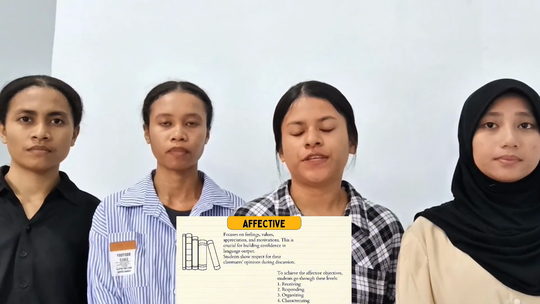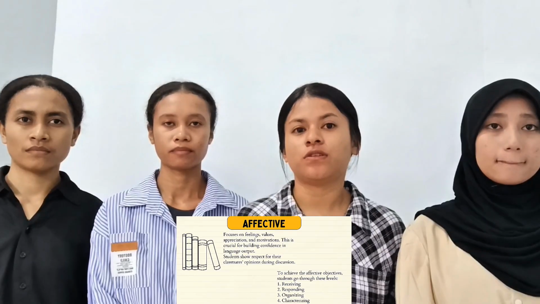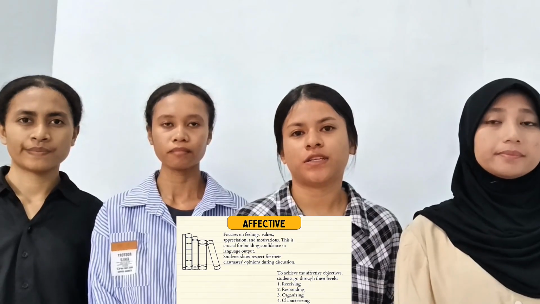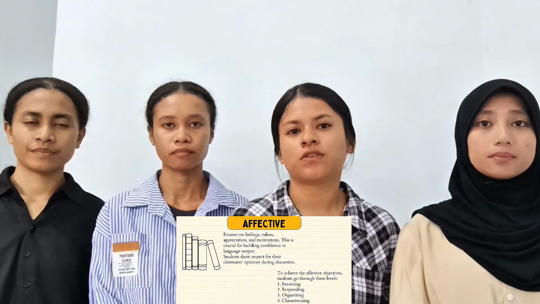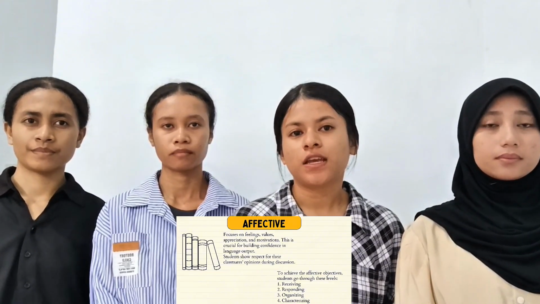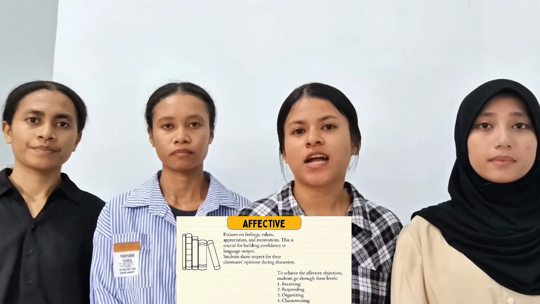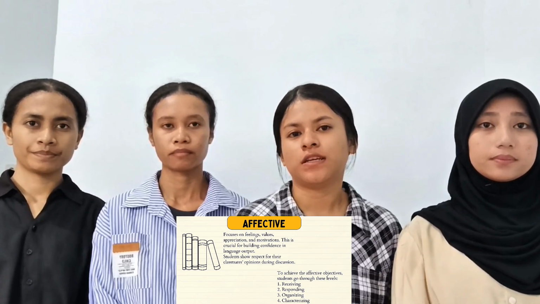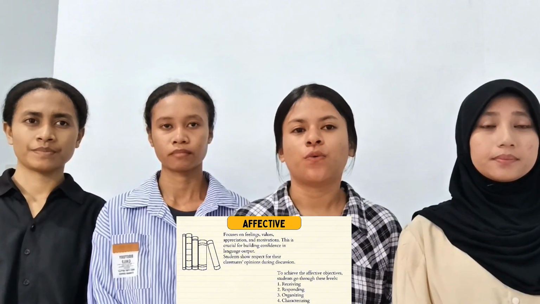The first is receiving. Students are willing to pay attention and accept the information being presented. The second is responding. Students don't just listen, they actively participate and give feedback. The third is valuing. Students start to recognize that what they are learning is important and worthwhile.